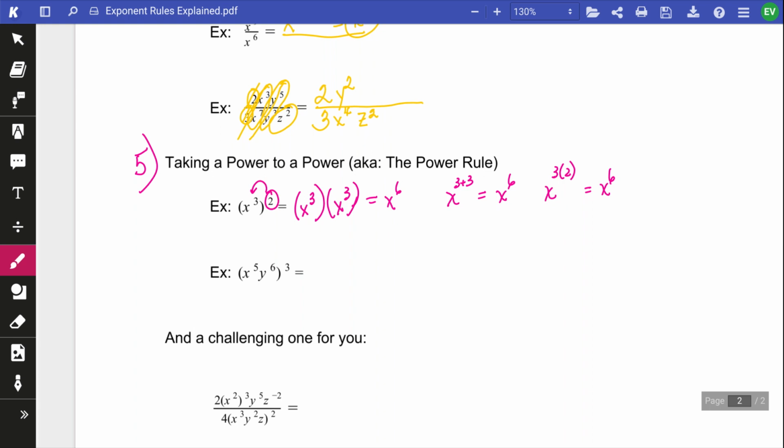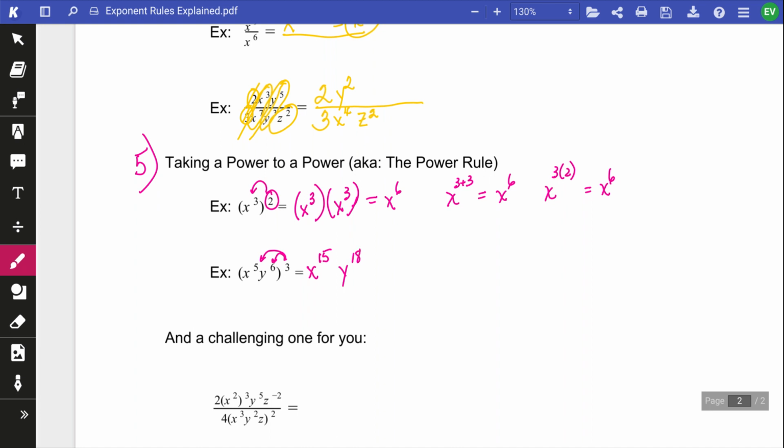Okay, so for the next one, we have x to the 5th, y to the 6th, raised to the third power. Now I could write it out 3 times and then use my multiplication rule, but I'm going to use the power rule this time. In order to get the correct answer, we're going to actually distribute our power to the other 2 powers. So we get x to the 5 times 3, which is 15, and y to the 6 times 3, which is 18.